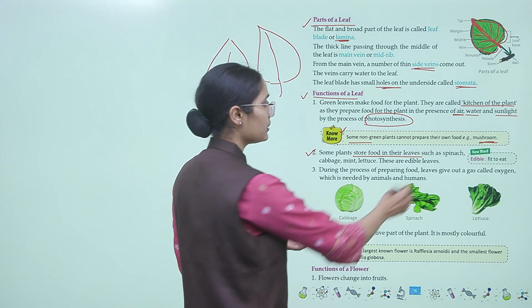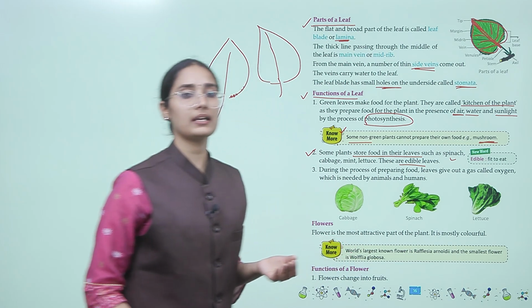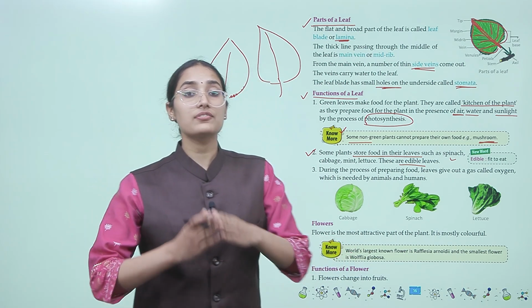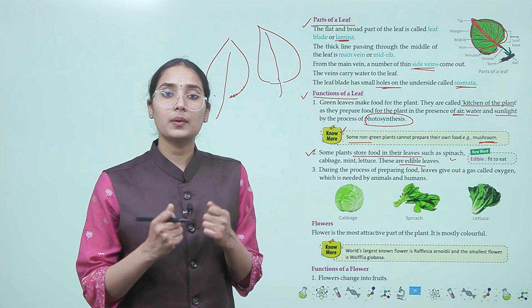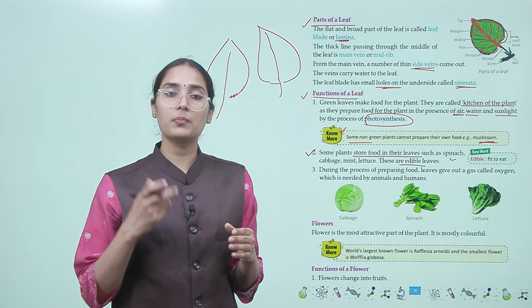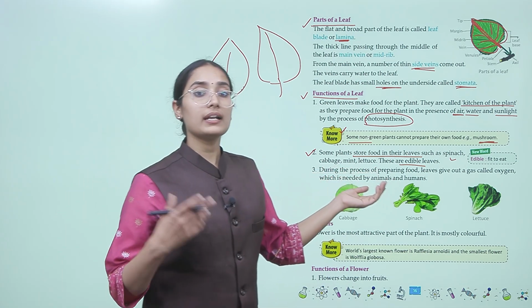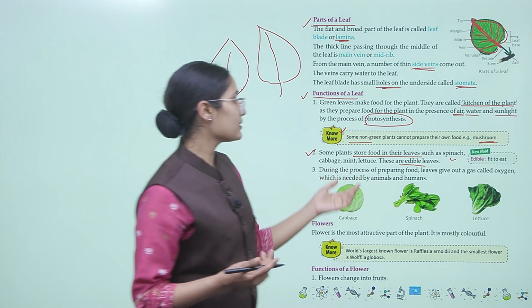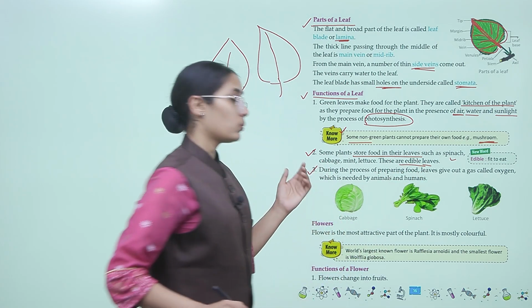So basically, if you talk about spinach, these edible leaves like cabbage and mint and lettuce, right, they have certain kinds of macronutrients or micronutrients that are important for the human body, right, from where we get energy, right, and that's the reason we are saying that these are edible leaves. What else?